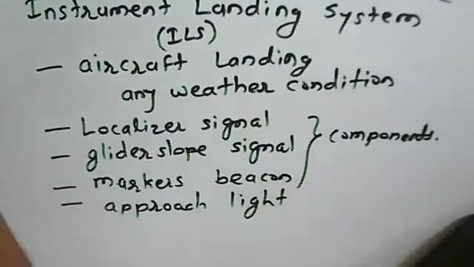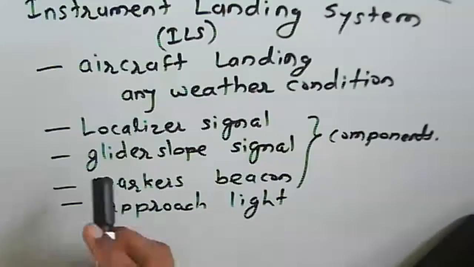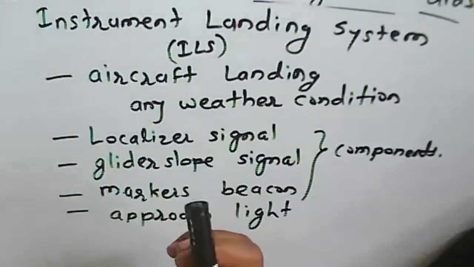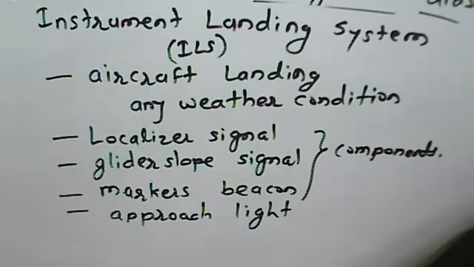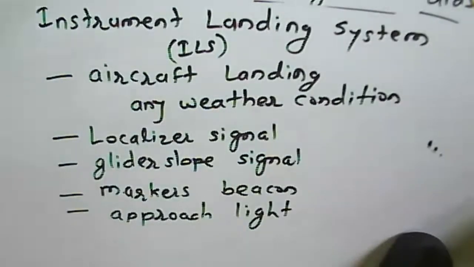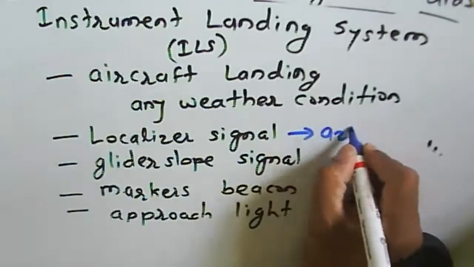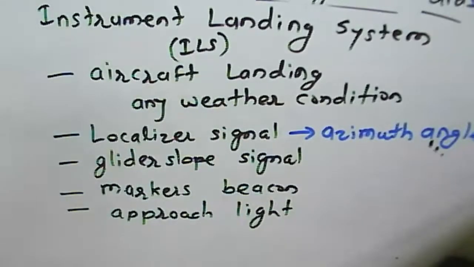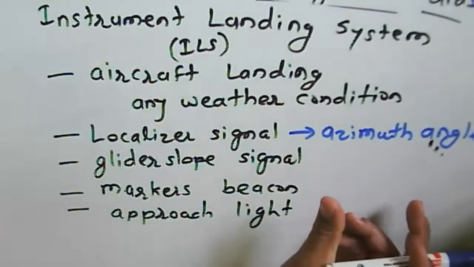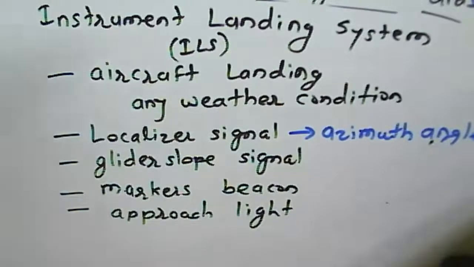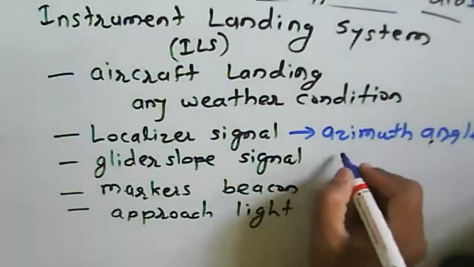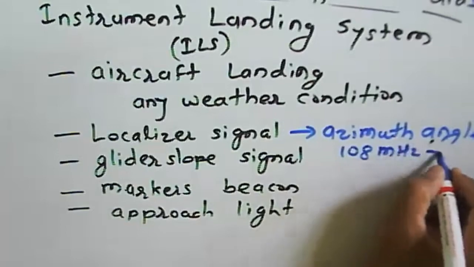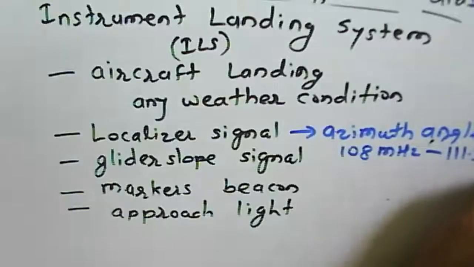It has a localizer signal, and that localizer signal will provide you the information regarding the azimuth angle, or the information regarding where the center line of the runway is. This signal propagating through the ILS system is in the range of 108 megahertz to 111.95 megahertz.